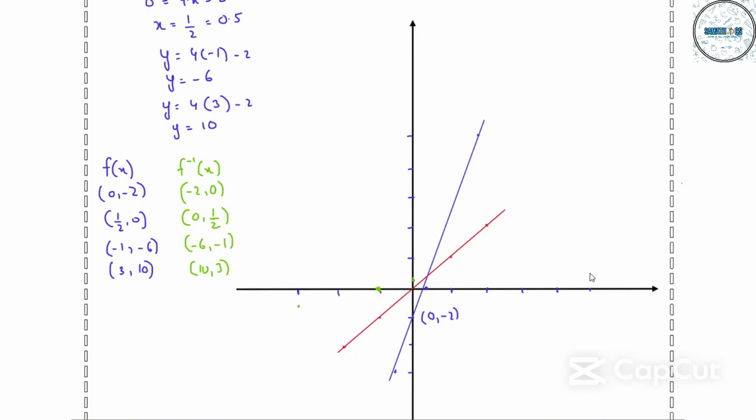And 10, 3 is almost here. Now we will draw a line passing through these points.